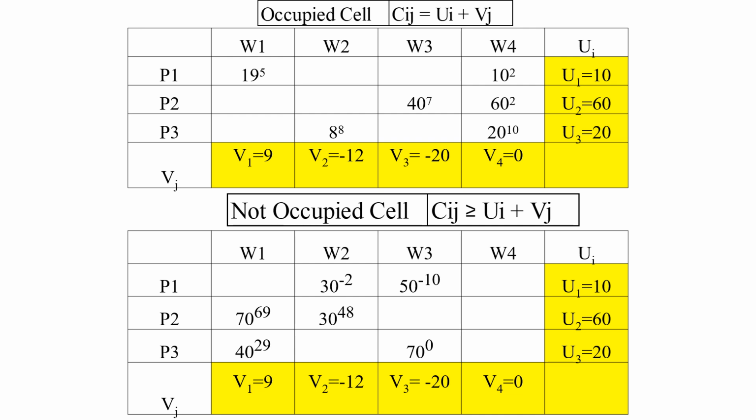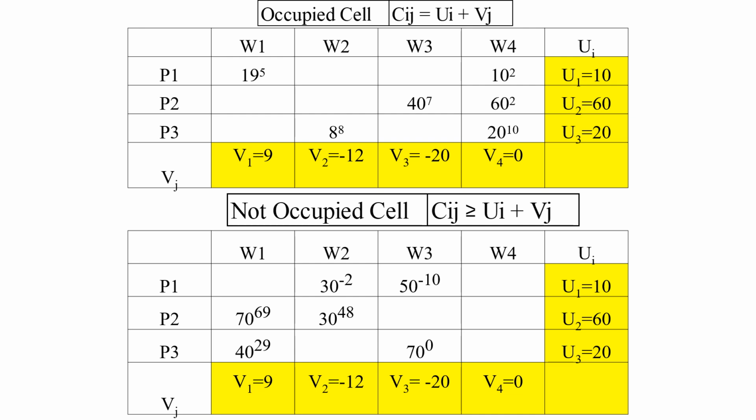You should know the values of U1, U2, U3, V1, V2, V3 and V4. But for not occupied cells, the rule says that Cij should be greater than or equal to Ui plus Vj.